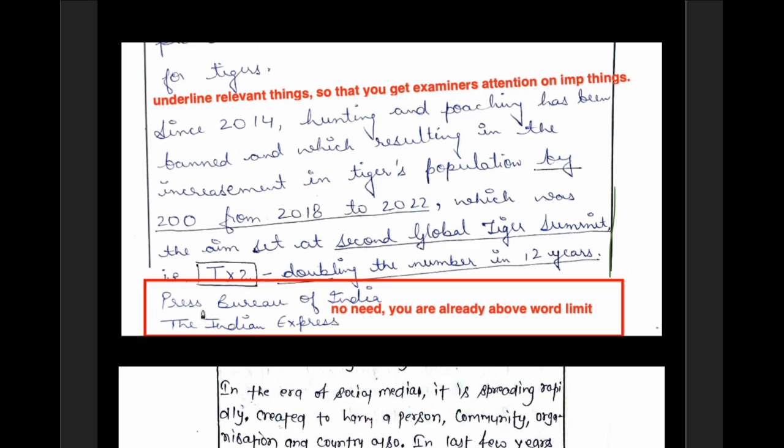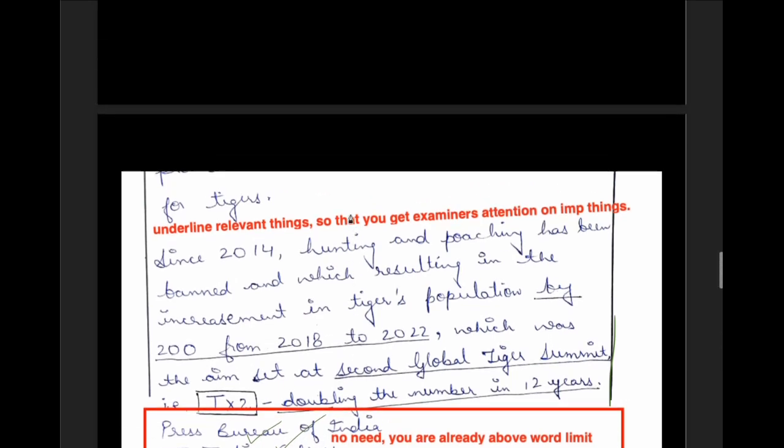Okay, but if you write sources, let me tell you, PIB, perfect source. Niti Aayog report, perfect source. Indian Express, The Hindu, good. Your PIB is your first choice. Okay, go to PIB, Niti Aayog, SDG report, any ministry annual report.